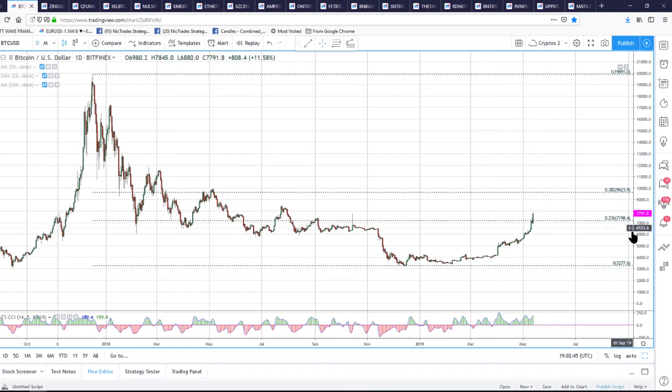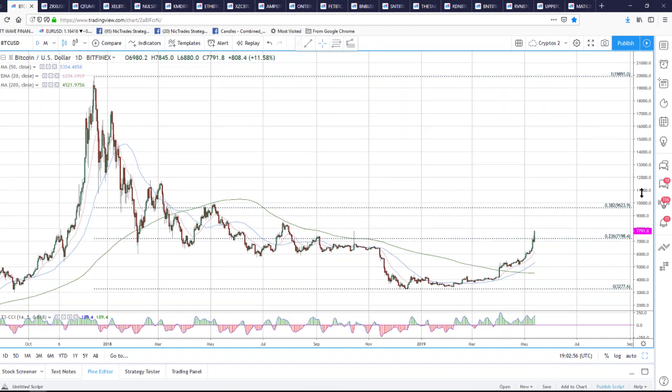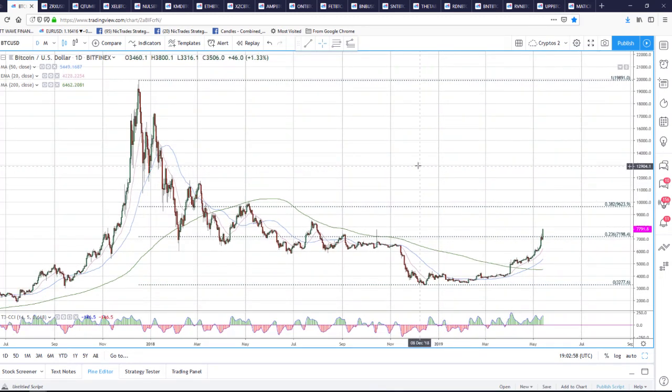So let's start with Bitcoin, because Bitcoin is really big daddy, and I'm going to put my moving averages back on. And since we got above this 200 moving average, we haven't looked back. I'm a big fib person.